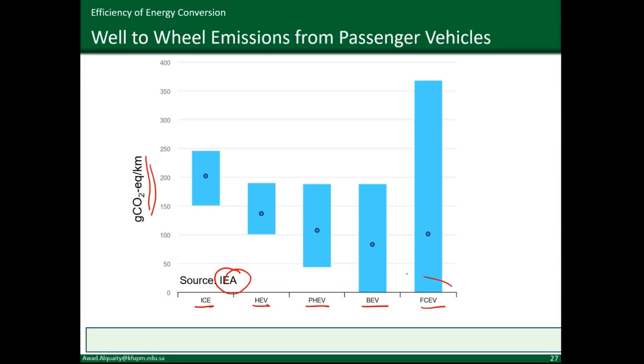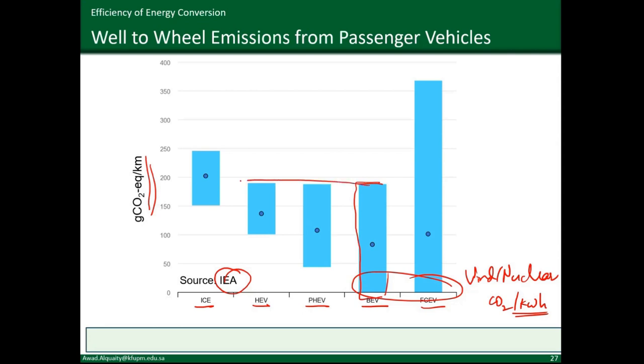Now, in reality, it's never going to be zero, right? They're just being optimistic, because even if you use wind or nuclear, there are some CO2 emissions per kilowatt hour when you generate electrical energy. But let's forget that for a minute. So when you see the range, the battery electric vehicle goes from a low of almost zero to a high of about 180, 190, right?